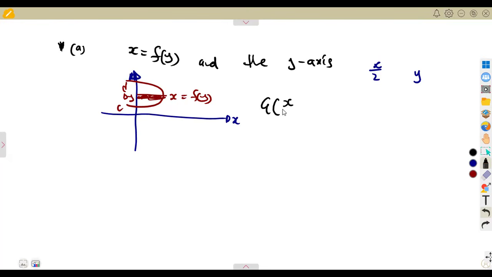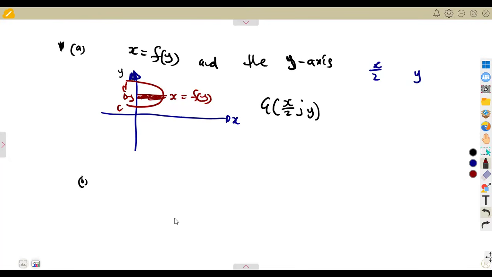So x is no longer just x, it is now x over 2 because you're considering for y. If you're considering the y-axis, the y is the one that is not affected. Y is just going to remain as y like that. It's the same thing even for a circle. It means it's going to be x over 2, y there for a circle. So I'm not going to talk about that.